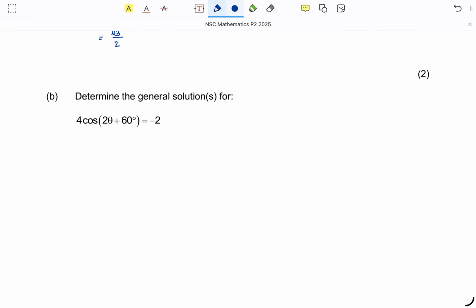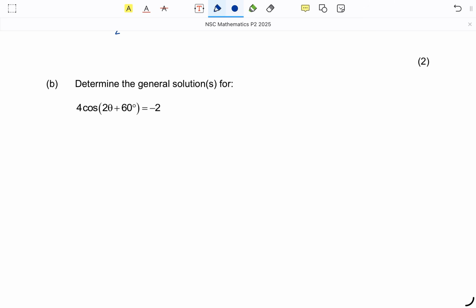And then the last part of this question says determine the general solution or solutions for the following equation. So we know we need to get the reference angle. So the first step that we'll do is divide the 4 away. And once we've done that, it leaves us with cos of the angle. And we can simplify this a little bit.